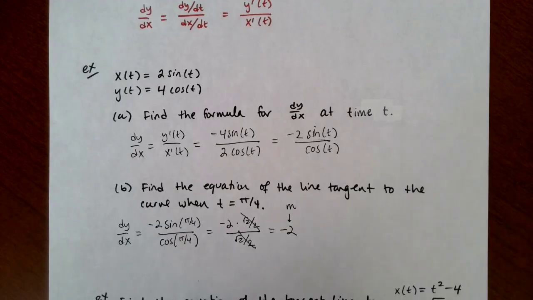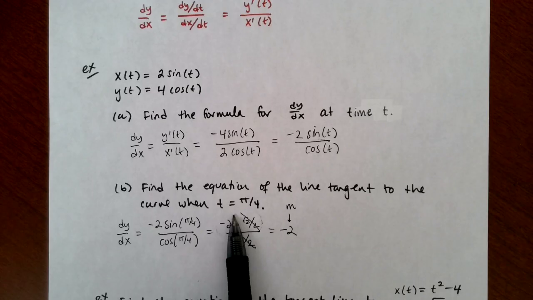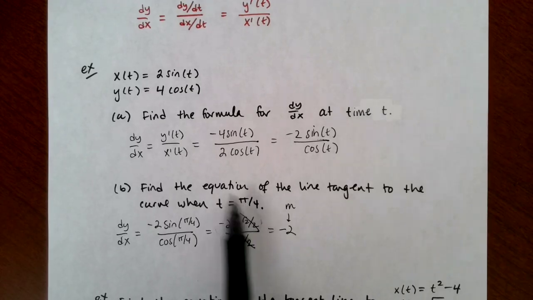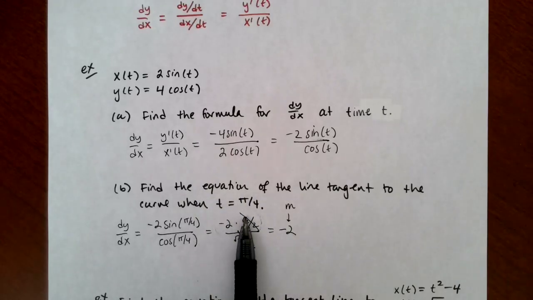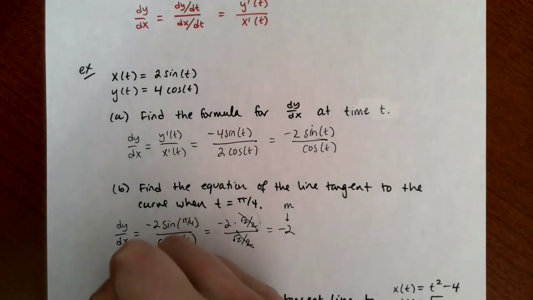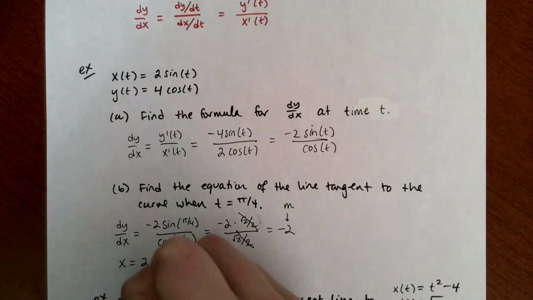So what's interesting here is that we were given just a time value to indicate the tangent line moment, which was convenient for dy/dx, but it doesn't explicitly tell us the xy point. So we actually have to plug this t value into x and y here to find the xy point at this time. So x would be 2 sine pi over 4.